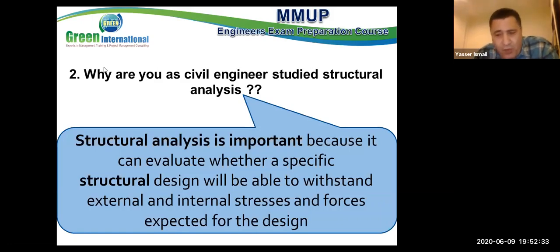Loads, what type of loads are our concern? Our concern is live load and dead load. There is wind load, there is thermal load, and earthquake loads. There are a lot of types of loads, but in our exams, it will give you dead load and live load.